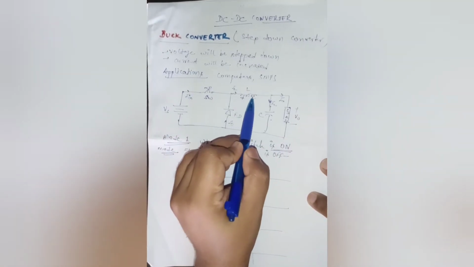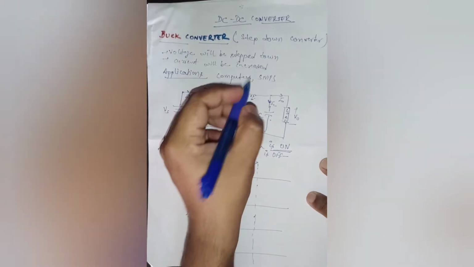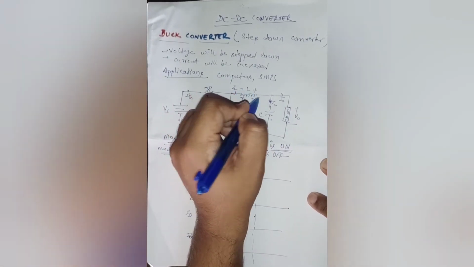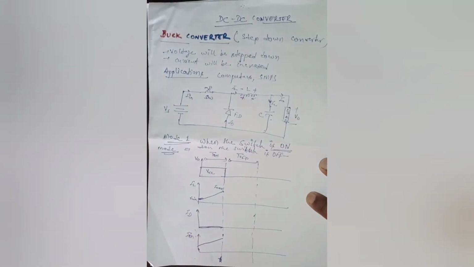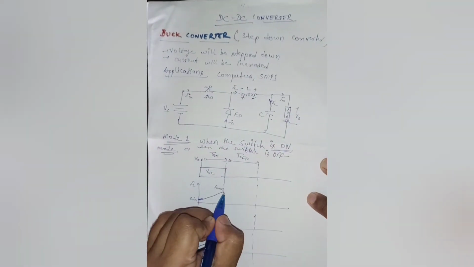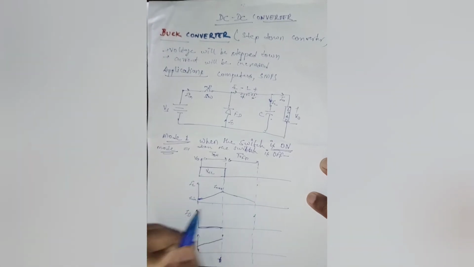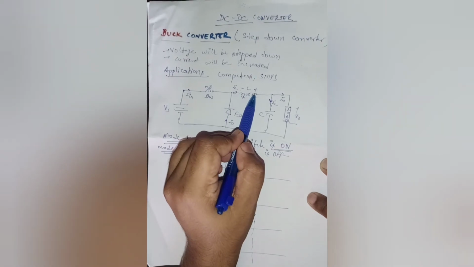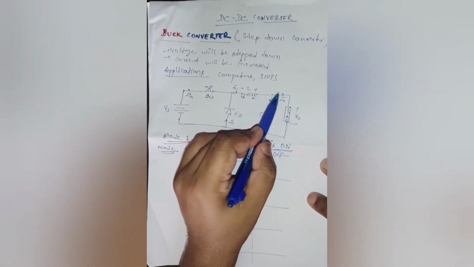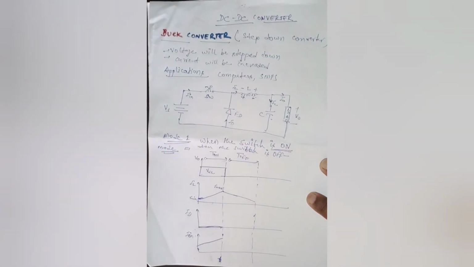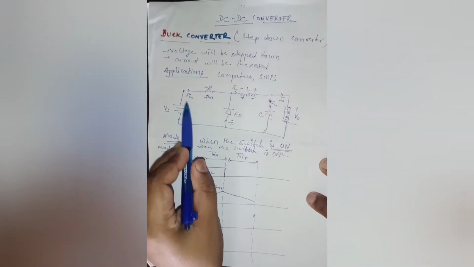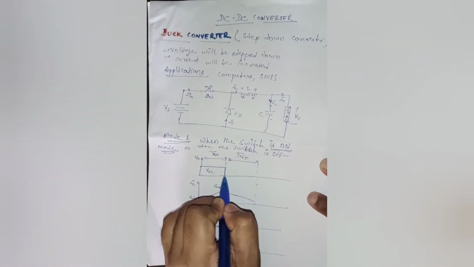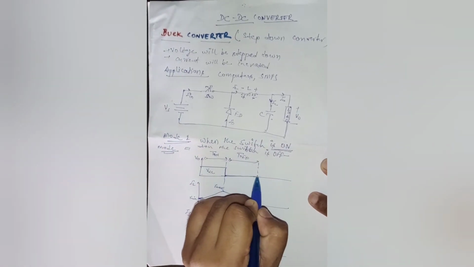This inductor will release the current, and it will change the polarity from plus to minus to minus to plus. It will release the energy from maximum to minimum. This energy will flow through the load, and because the supply voltage is not connected, V naught will be 0.